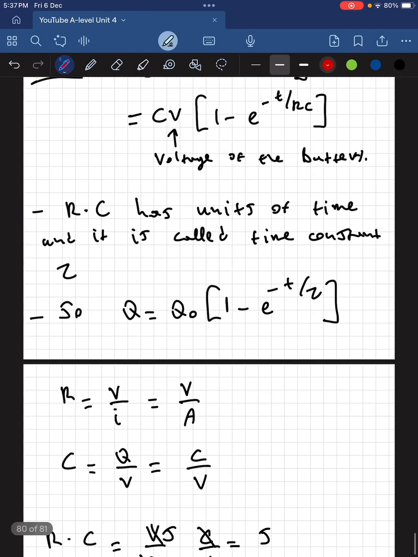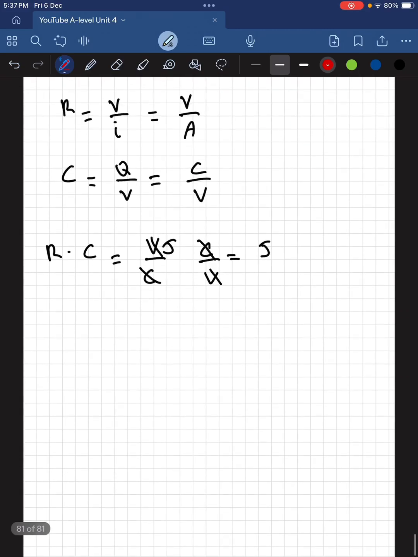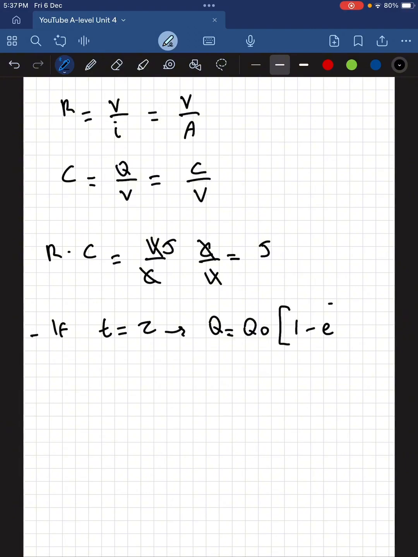Now let's go back to this equation and see what happens when this t, the English t, the Latin t, I'm sorry, is equal to the Greek tau. If t is equal to tau, then q is q naught times 1 minus e to the minus 1, which is equal to q naught times 1 minus 1 over e.